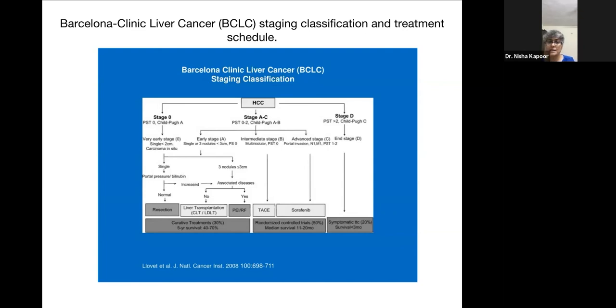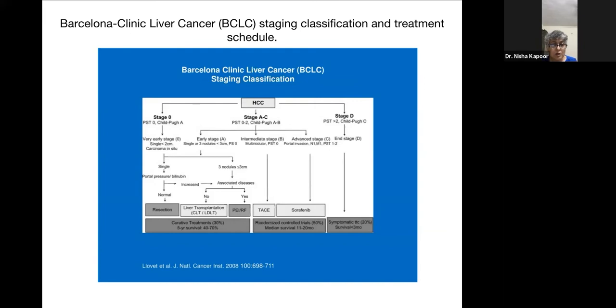If we look at the BCLC, which is the one which we use, we find that liver resection is actually restricted to stage 0 cases, and stage A cases, wherein the disease is early, the nodules are less than 3 centimeters in size overall, or they are less than 3 in number.